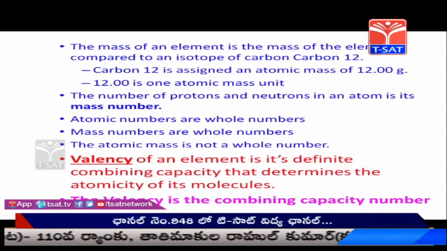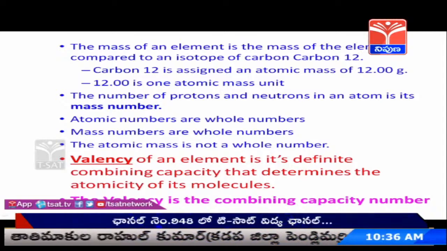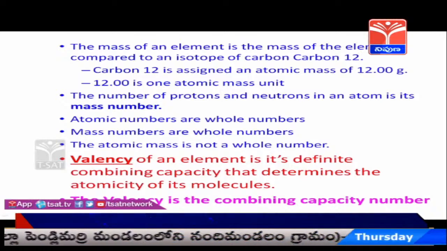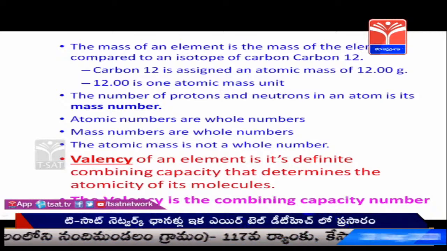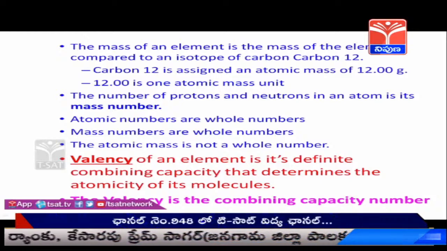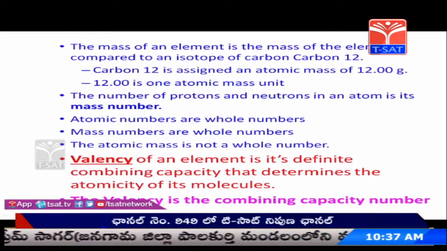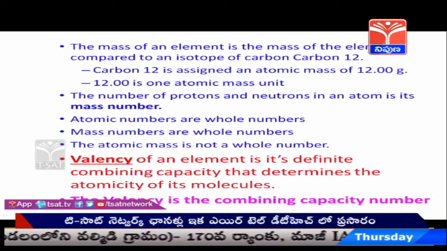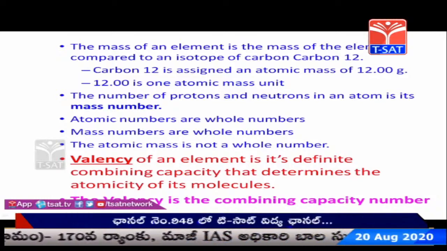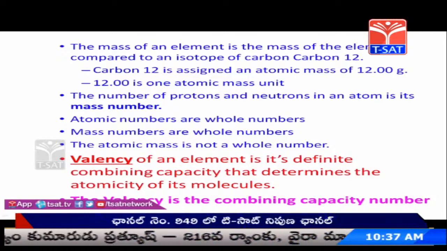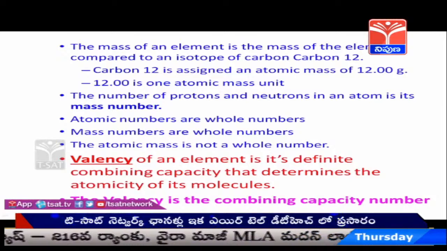In the beginning, to calculate the atomic masses, hydrogen was taken into consideration. Later, carbon was widely accepted by all the scientists in the world. So, carbon 12 is considered to calculate the atomic masses of different atoms of different elements.